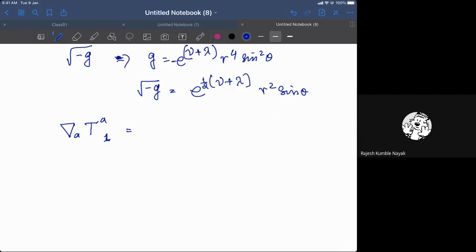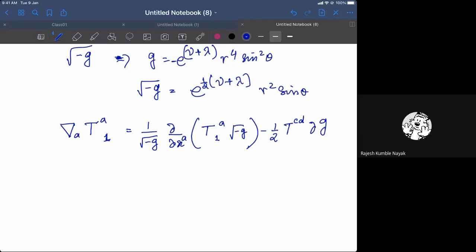The rest of them you can compute and satisfy yourself that they don't give any additional interesting results. They all either go to 0 or come out to be not very useful. So let's compute this. This is a bit longish calculation. There are too many terms involved. We have to do it a bit carefully.